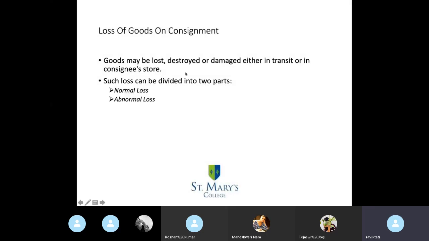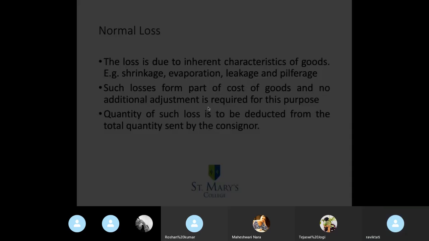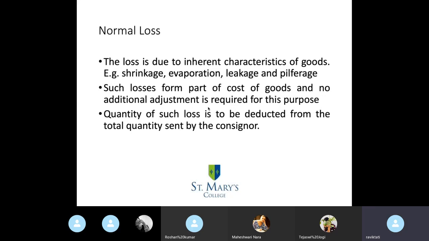Goods may be lost, destroyed or damaged in transit or in the warehouse of the consignee, and that loss is divided into two broad segments: normal loss and abnormal loss. The normal loss is due to unavoidable situations like leakage, pilferage, and evaporation due to natural causes.